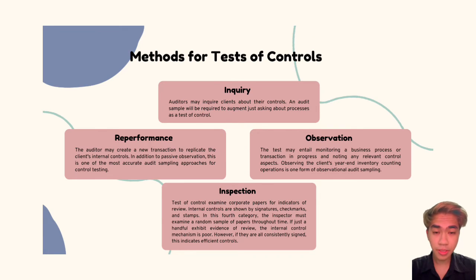Inspection is reviewing or inspecting the papers to check their signatures, check marks and stamps. For this, the auditors just choose a few samples. If you have enough samples, it means that the company has a good internal control. If not, it just has a poor internal control mechanism.